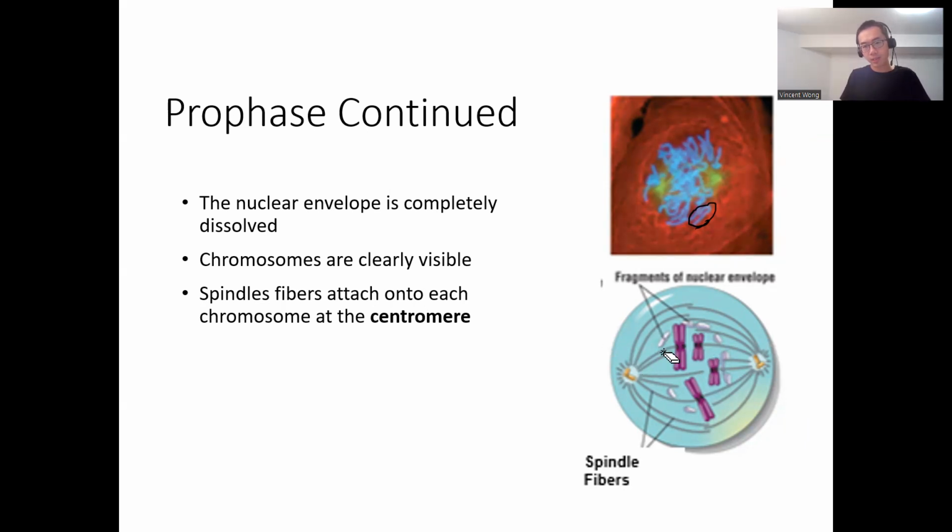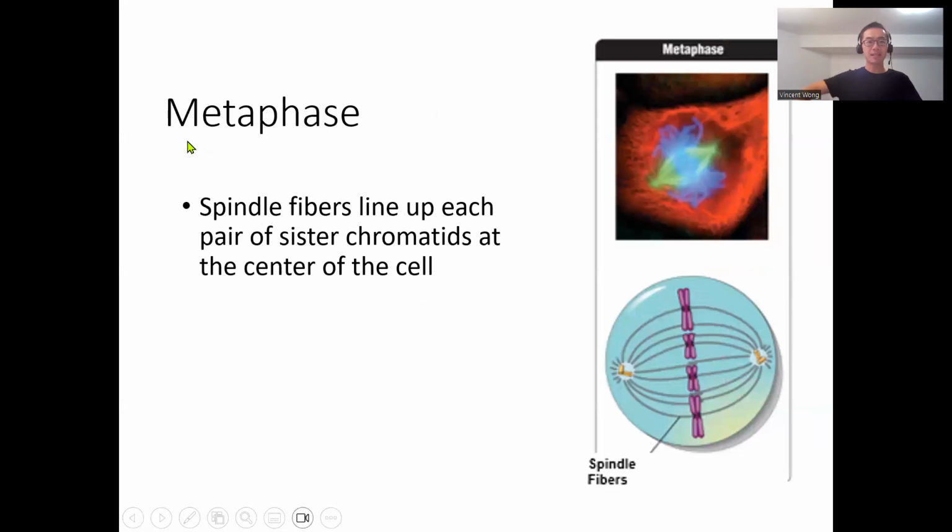So that's the end of prophase. It's basically taking the chromosomes out of the nucleus, and then you have these spindle fibers that attach onto them. So P for prepare.